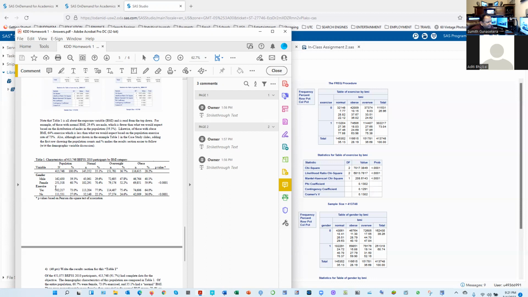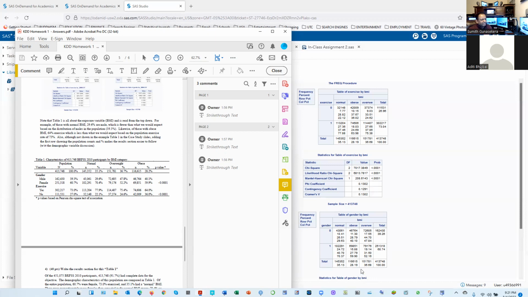Then all the males total 162,430. See, 251, and their percentages, 39.3. You can put the percentage or a decimal. 39.3. This one 66.7, like that.